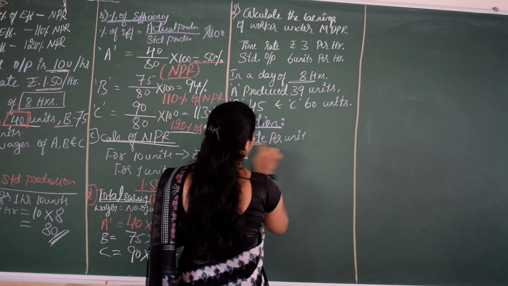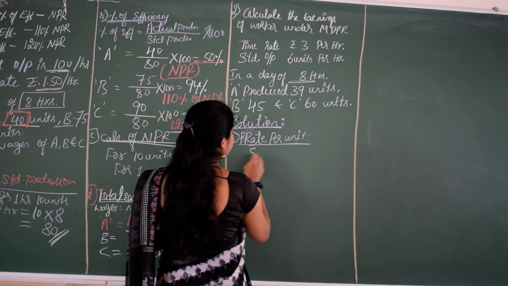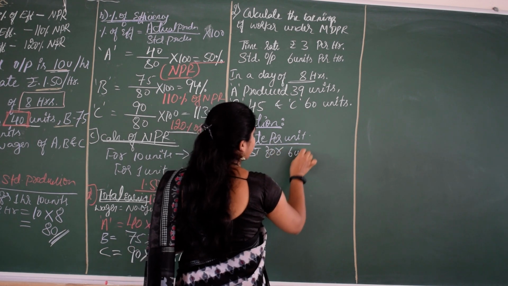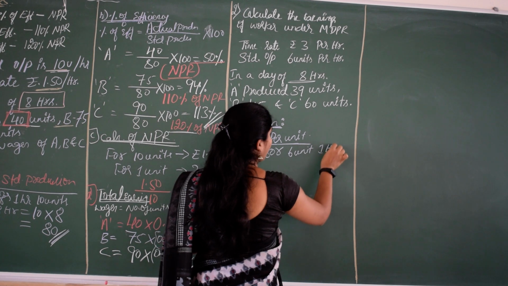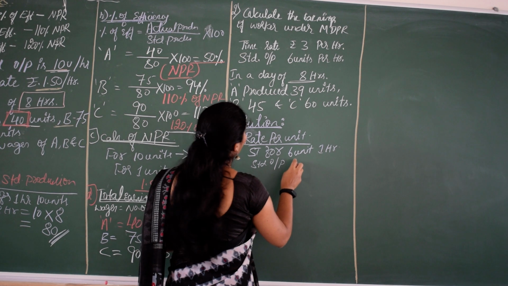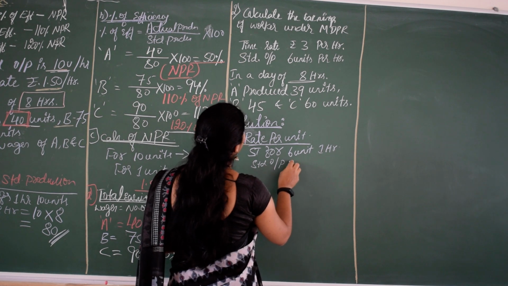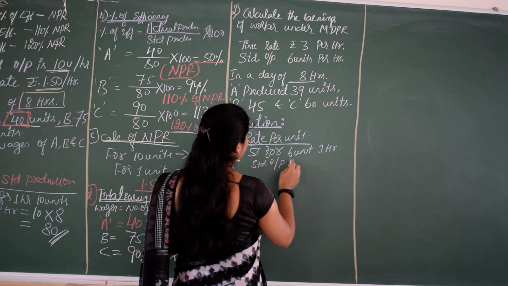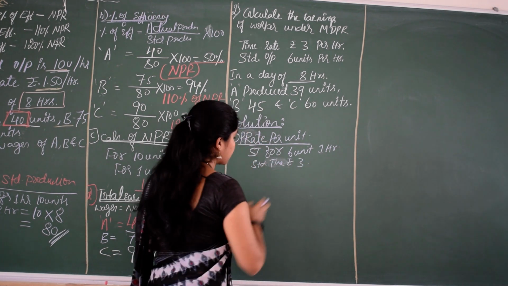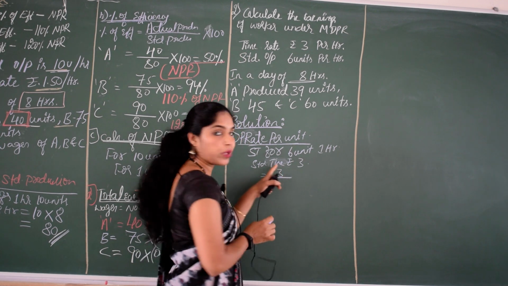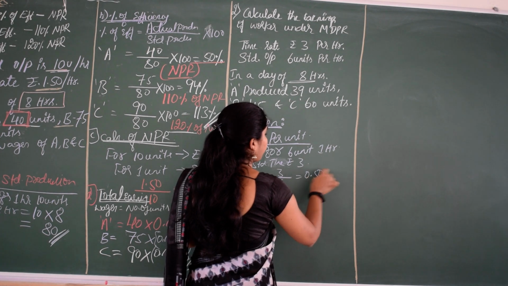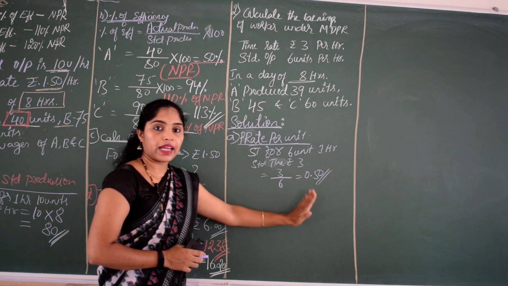So the standard rate for 6 units, 1 hour, is rupees 3. Divide this: rupees 3 divided by 6 units, 0.50. So this is the rate per unit.